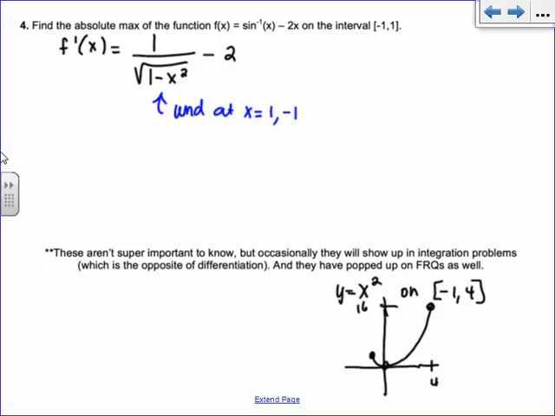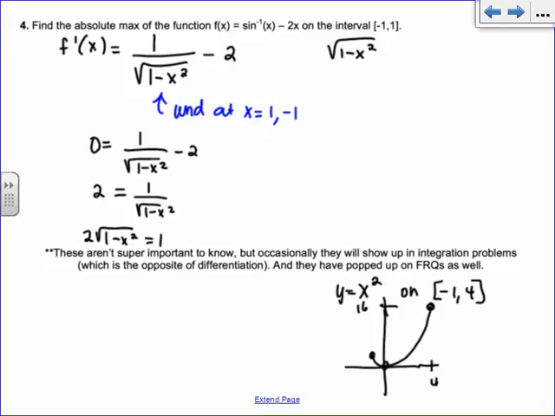So we know that at least. So if I set it equal to 0 and add the 2 over, I continue to solve, so I'm going to multiply the square root of 1 minus x squared over and divide by 2 and square both sides.